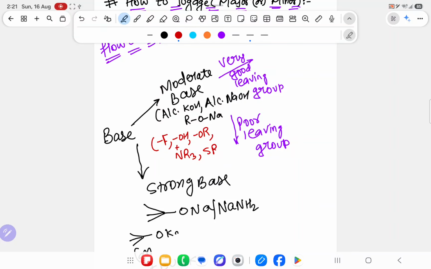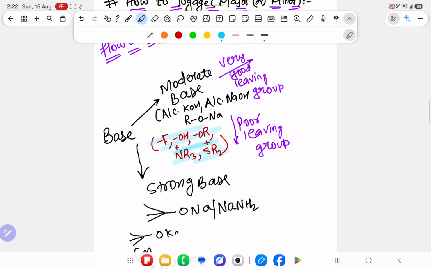If one of these groups is there, then you will say it is a poor leaving group. Anything other than that is a good leaving group. So remember these four to five: F, OH, OR, NR2, SR2. Every remaining group is a very good leaving group.